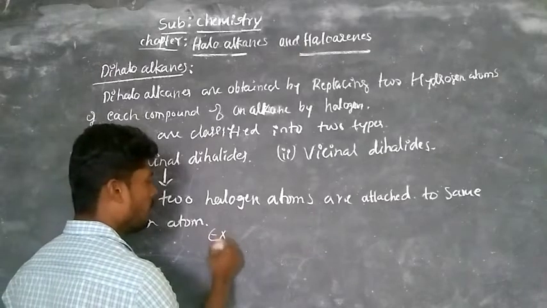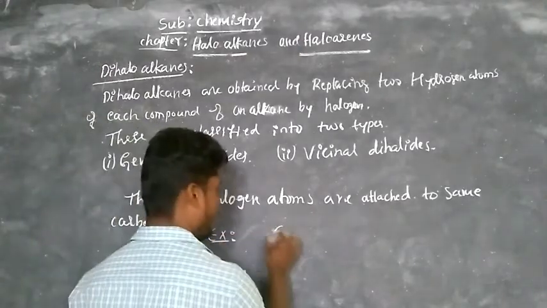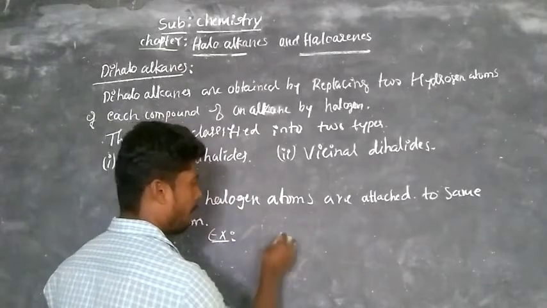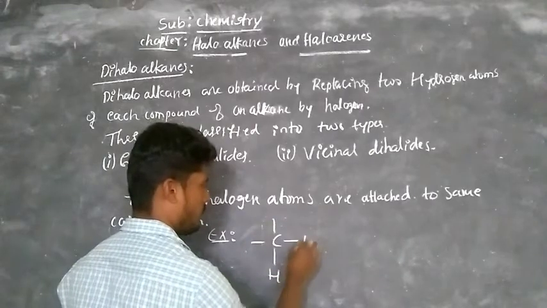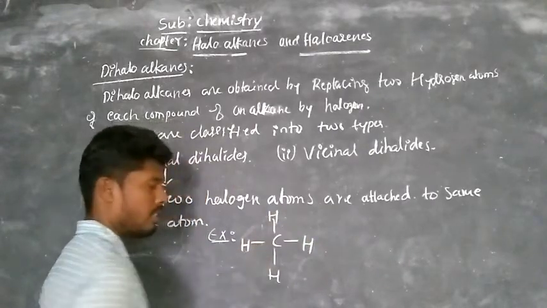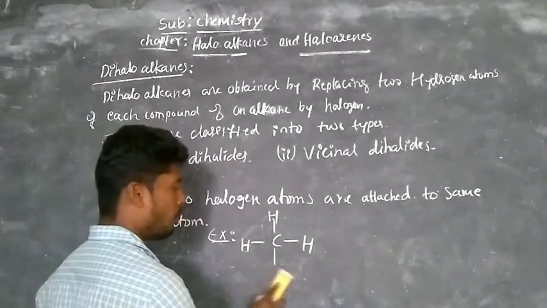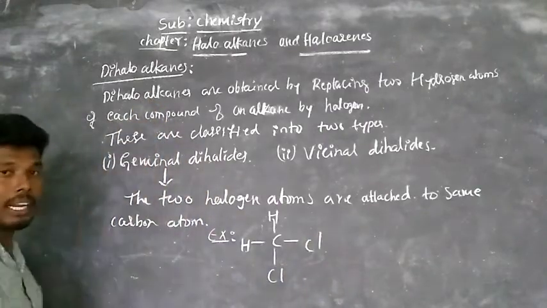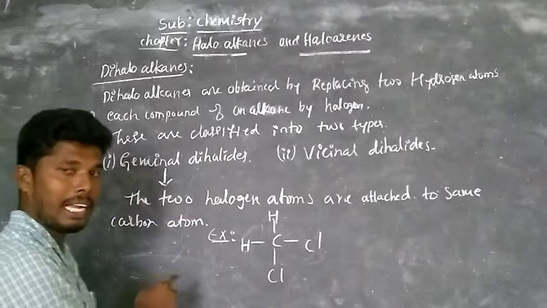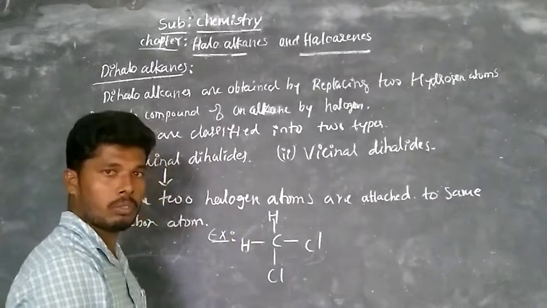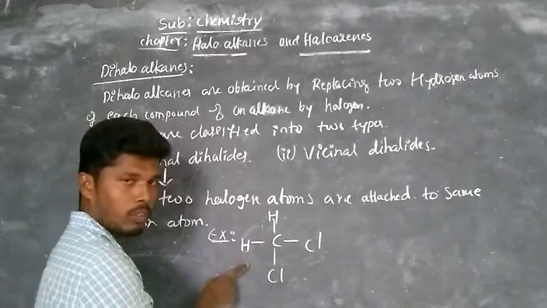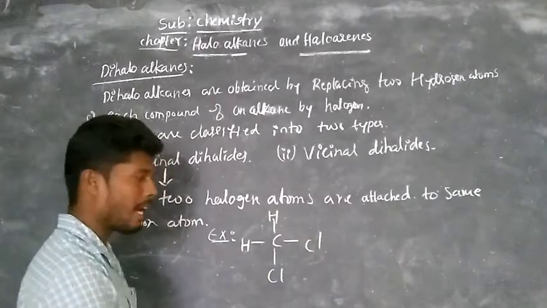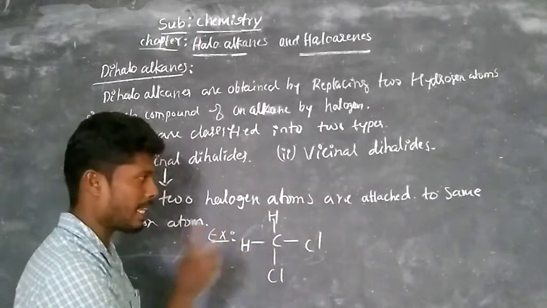Now for an example, observe. Take methane, CH4. This is methane, which can be written as carbon with 4 hydrogens. Now in this methane, 2 hydrogens are replaced by adding 2 chlorine atoms. You get a dihaloalkane. Now is this a geminal dihalide or a vicinal dihalide? Observe, these 2 halogen atoms are attached to the same carbon atom.